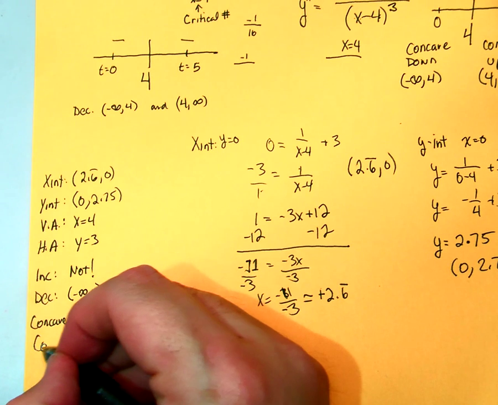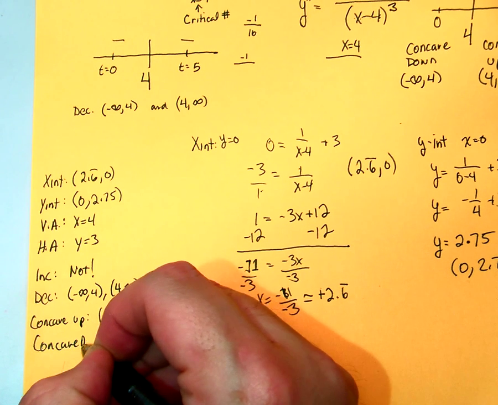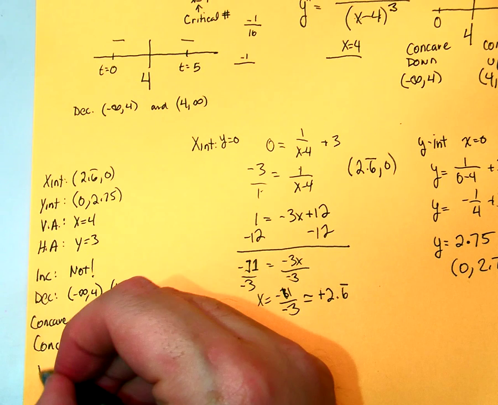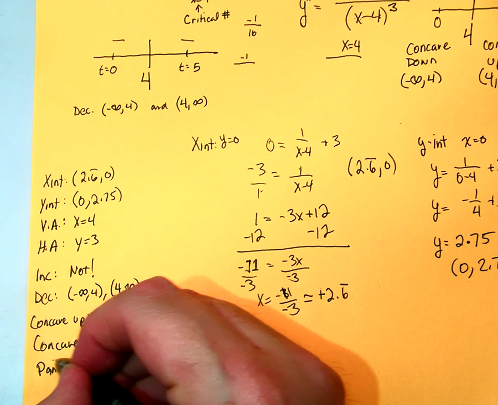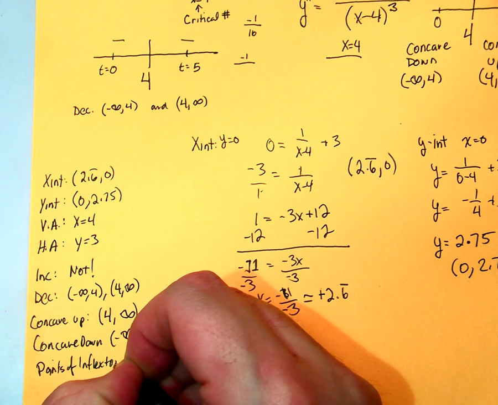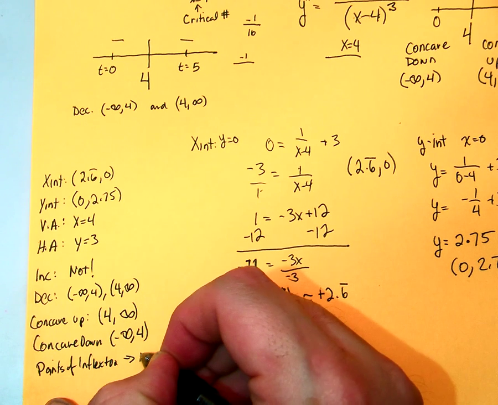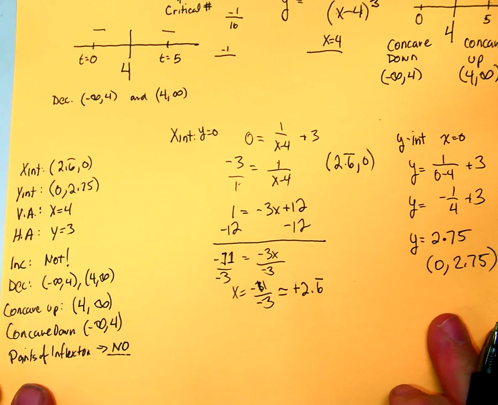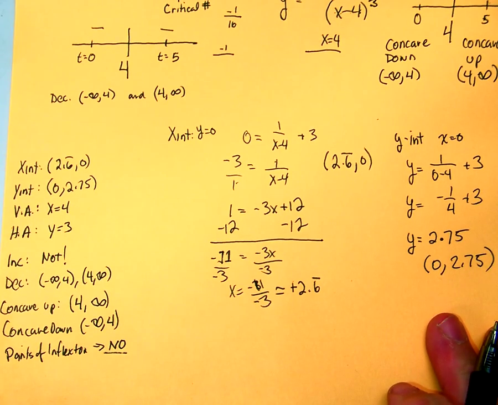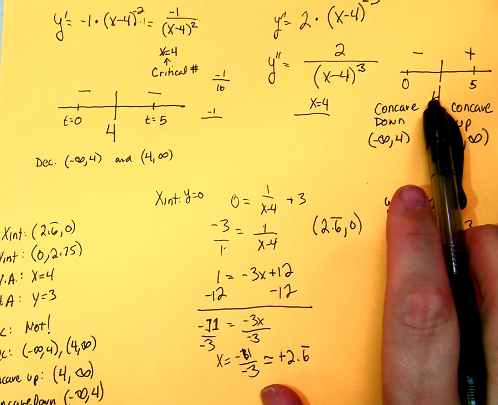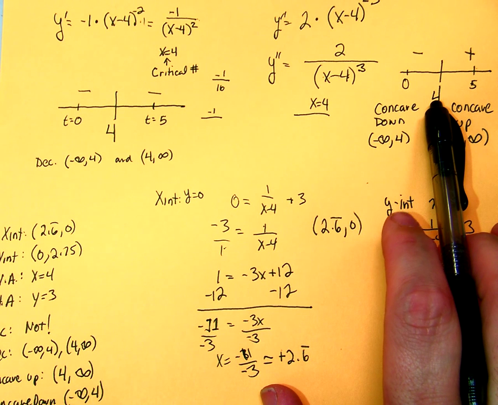Negative infinity to 4. Are there any points? The intercepts, we already got those. But even though we were able to use 4 to determine concavity, that's where a vertical asymptote exists. So there's going to be no point there on the graph.